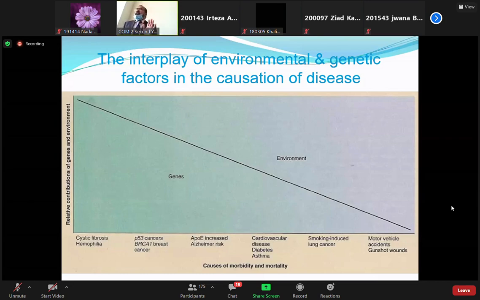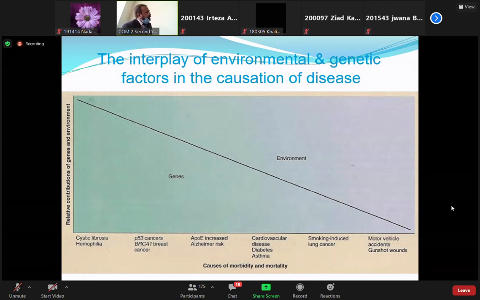BRCA1 is one of the genes in which mutation takes place and causes breast cancer, right? P53 is another which causes many other cancers. ApoE increases Alzheimer's disease. This is also genetic. But motor vehicle accident is purely environmental. There are no genes involved, no genetic factor. It's all environmental. Gunshot wound.